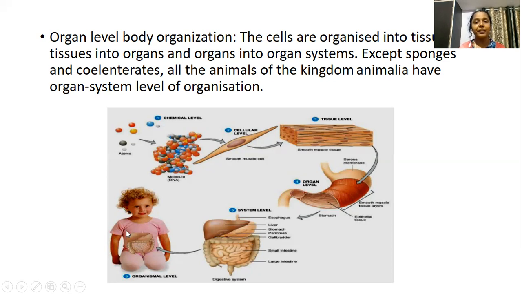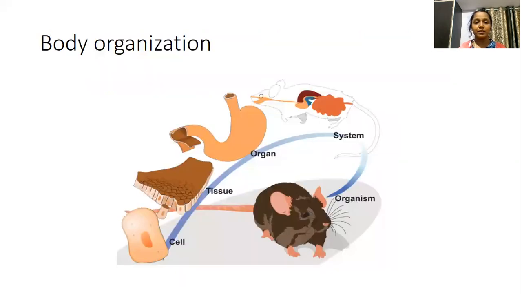So this is how the complexity of the individual or the animals goes on within the animal kingdom. In this picture, we can actually conclude everything, like how from a single cell it forms tissues, organs, organ systems, and the organism. So this is how body organization occurs in the animal kingdom.